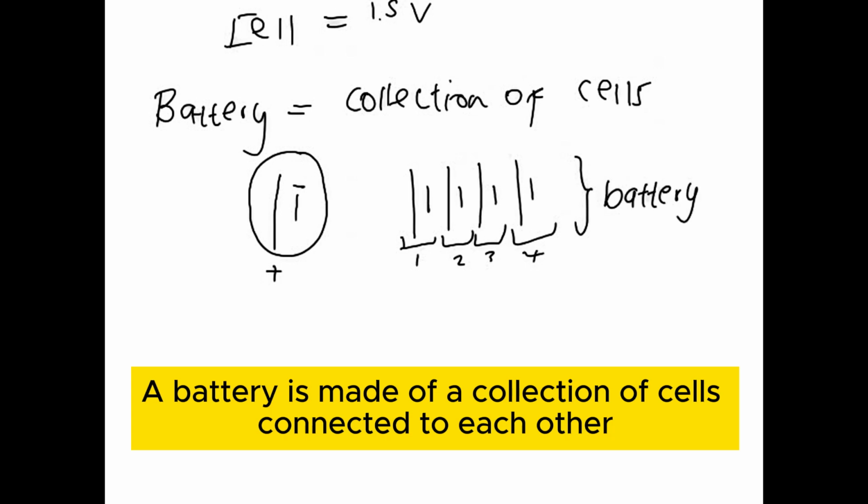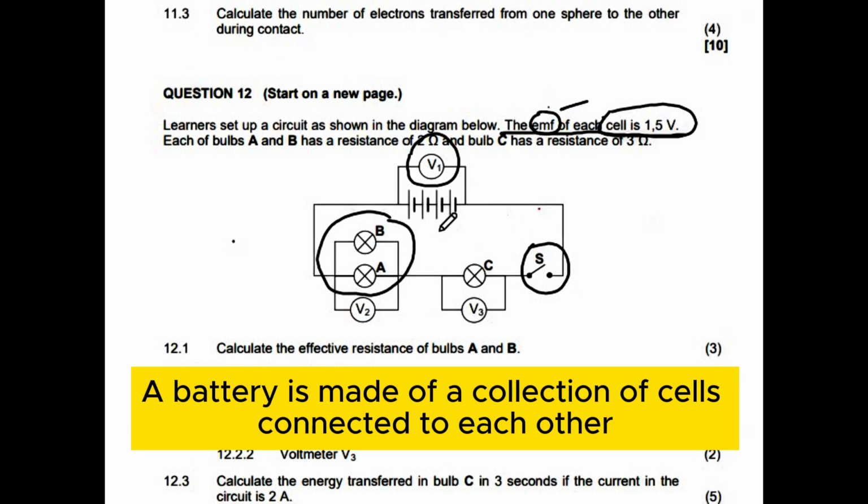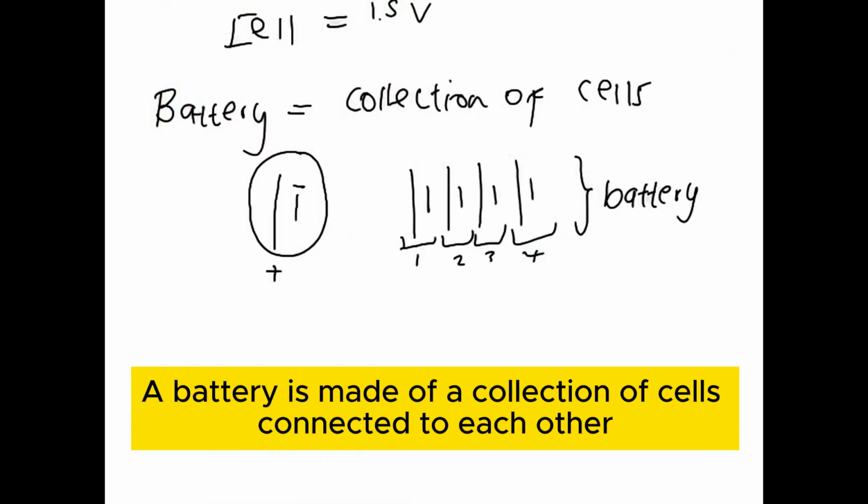Let's have a look. So we have a cell here, 1, another cell here, another one here, 3, another one here, 4. So how many cells in total do we have? We have 4 cells.